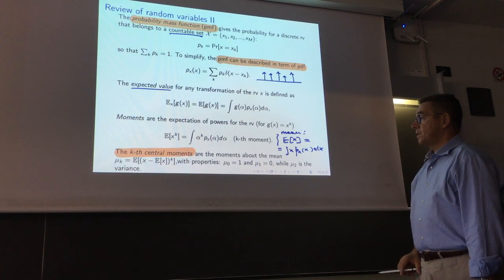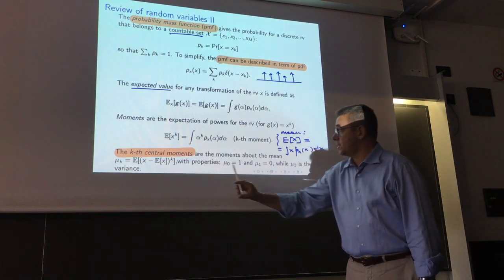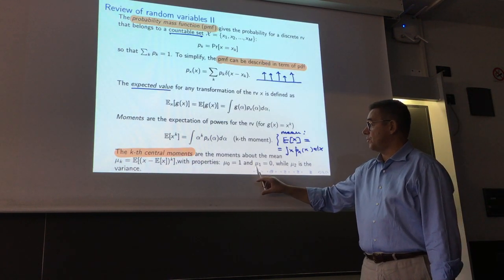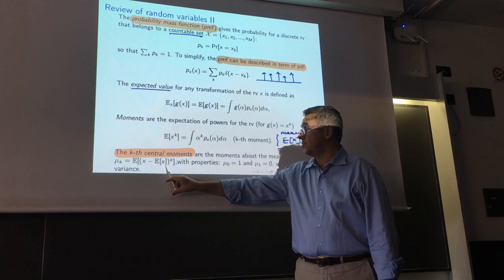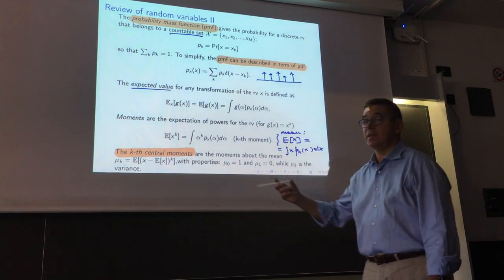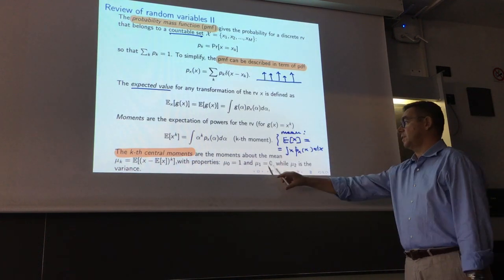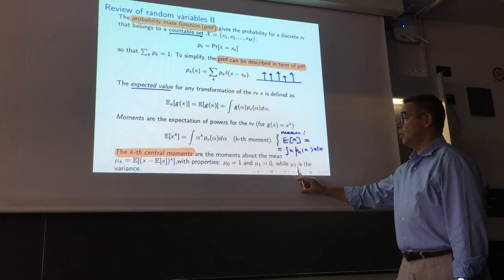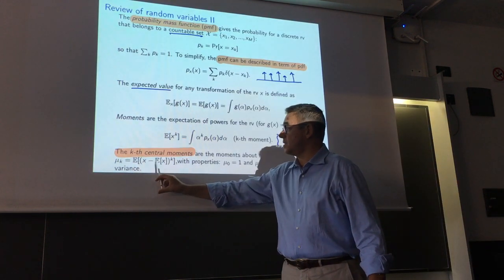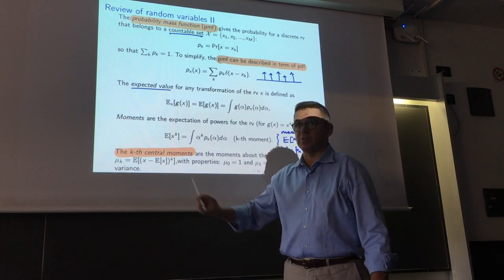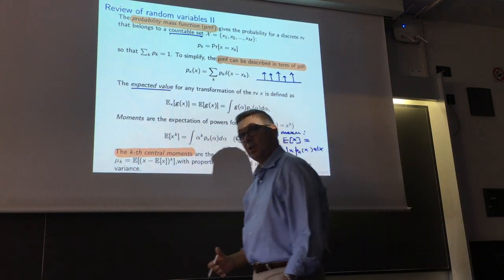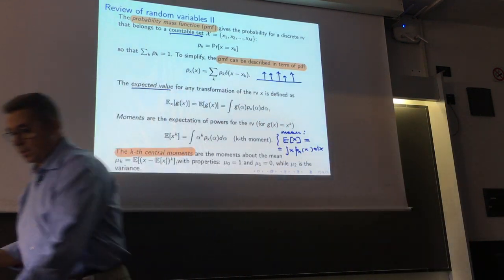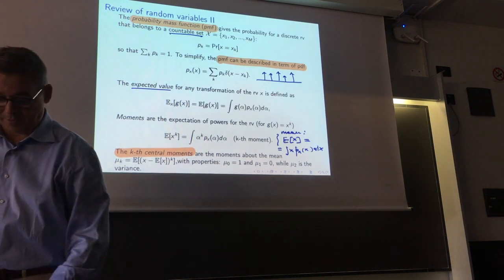This has a property: for instance, mu_1 is (x minus mu_x) to the power of 1, and that is equal to 0. Mu_2 is (x minus the mean) to the power of 2, and this is called the variance. And then we have more: third power, fourth power, so we have a third central moment, a fourth central moment, and so on.